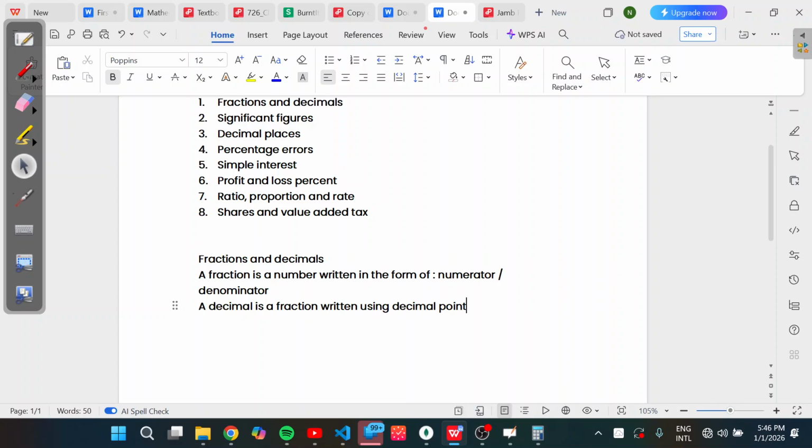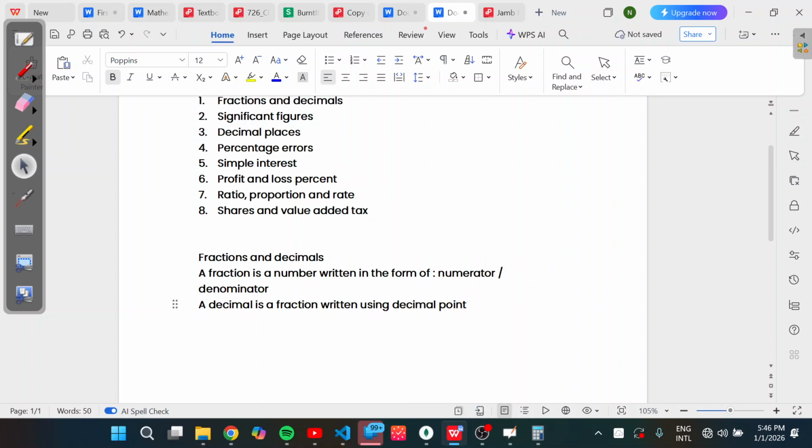Okay, so now let's learn about significant figures. So next topic now is significant figures. Significant figures are the digits in a number that we consider to be meaningful.